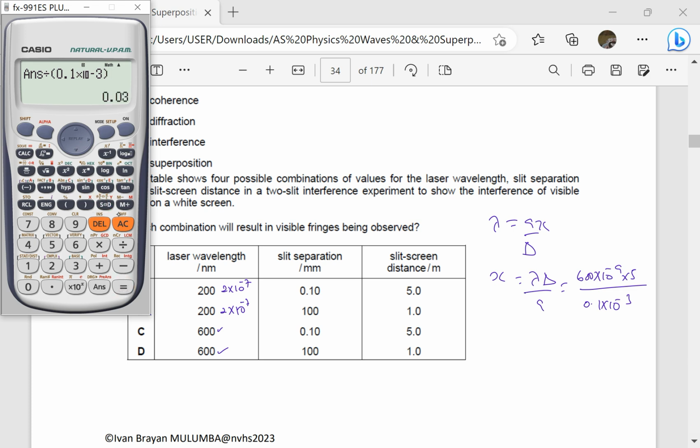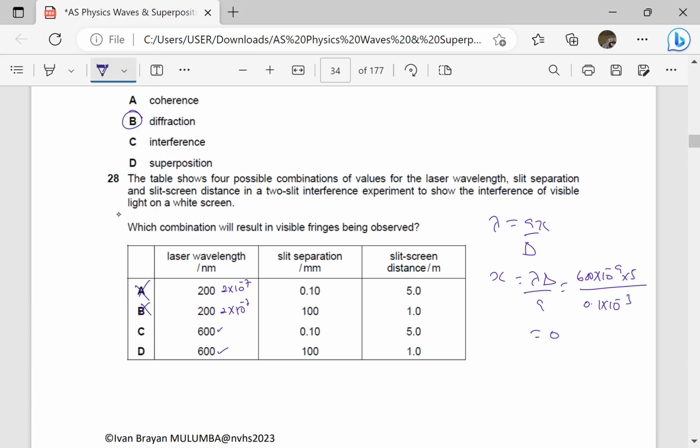So that is 0.03 meters, times 100, that is 3 centimeters.